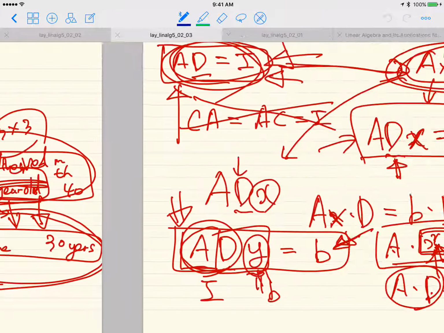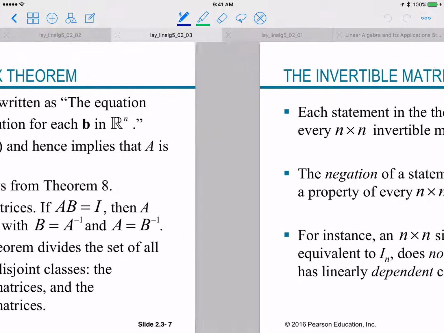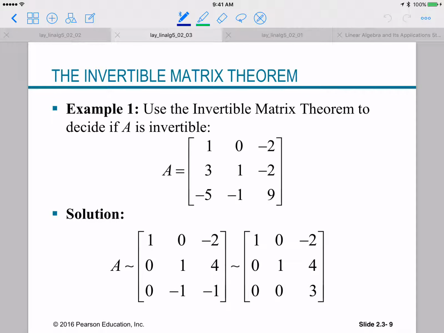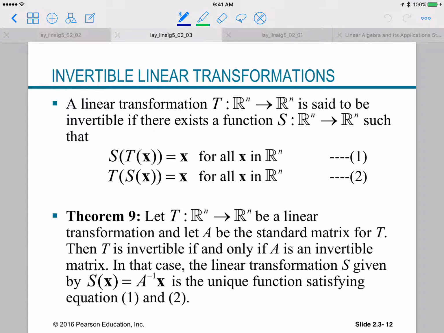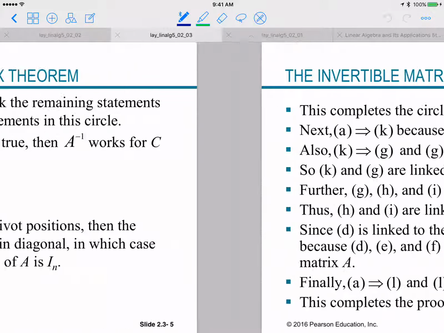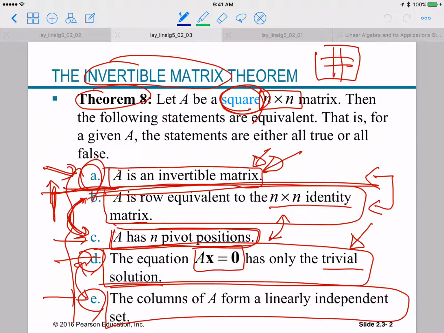Okay, so although I gave a high-level explanation, the point is quite simple. The point is this theorem that we learned, which contains a lot of items, but it is basically integrating all the different pieces that we learned into a special situation when your matrix is square.